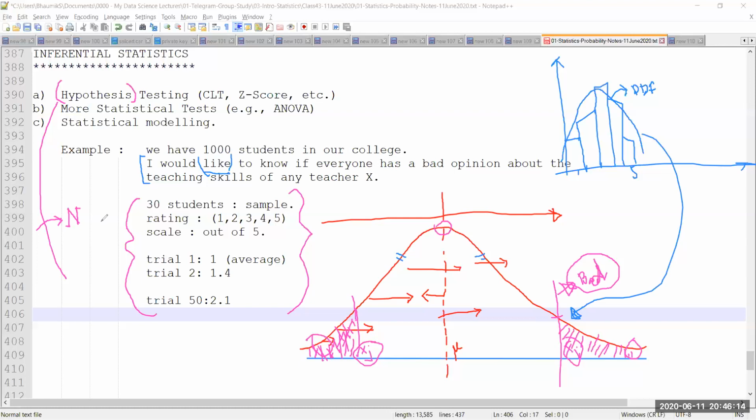A status quo is something like you go to any random 5 students in that college of mine with 1000 students, and they tell you the teacher is not good, and you come to a definitive conclusion without looking into the feedback or review of any other students that this teacher is not good. This is known as status quo. Maybe without even asking somebody, you only looked at that teacher and somehow you felt really bad about that teacher.